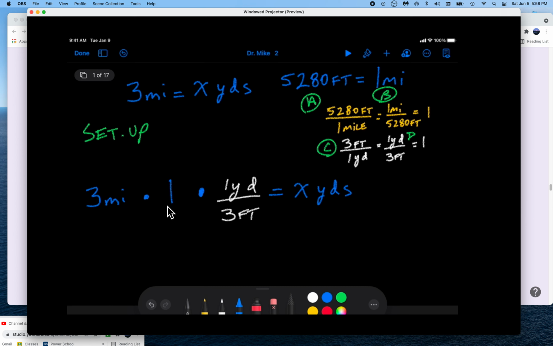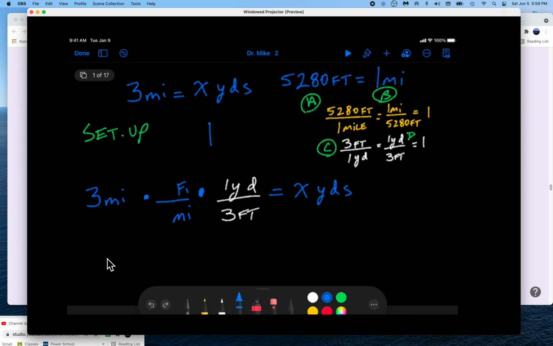Now we ask ourselves, what do we put here to cancel out the feet? So we need something with the feet on top and the miles down below, because we want to cancel these miles out. So we're going to take this version of 1, which is not helpful, and we want to find something that has miles down below, because we want to be able to cancel these out, and feet on the top, because we want to be able to cancel feet out.